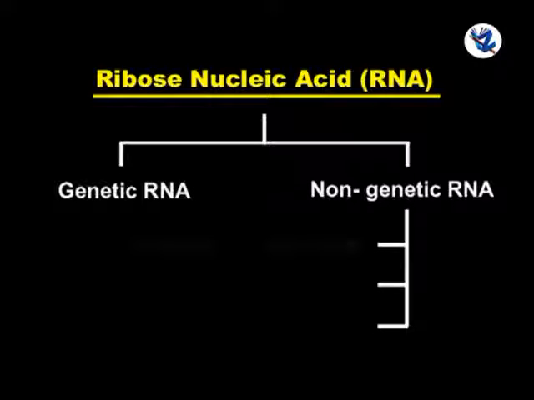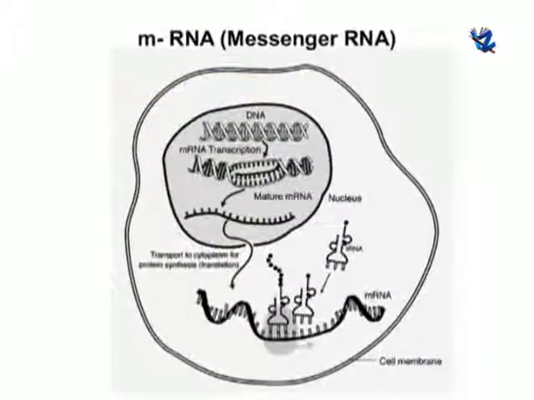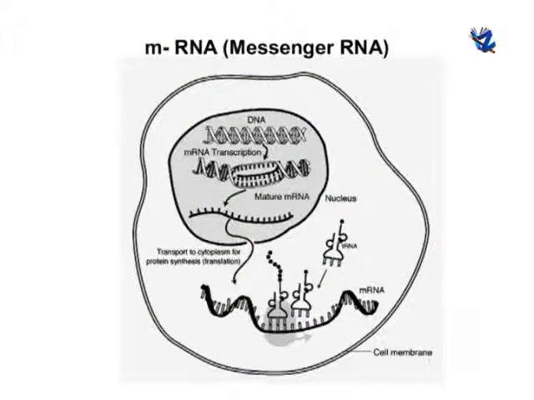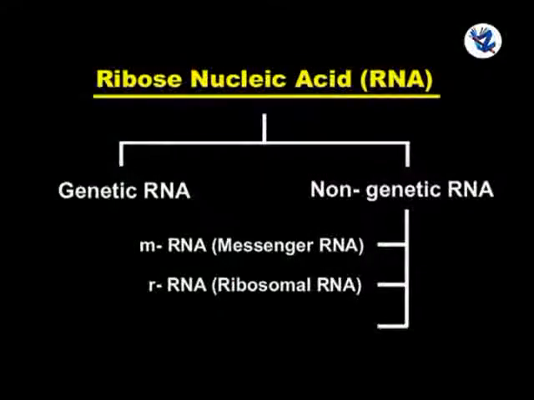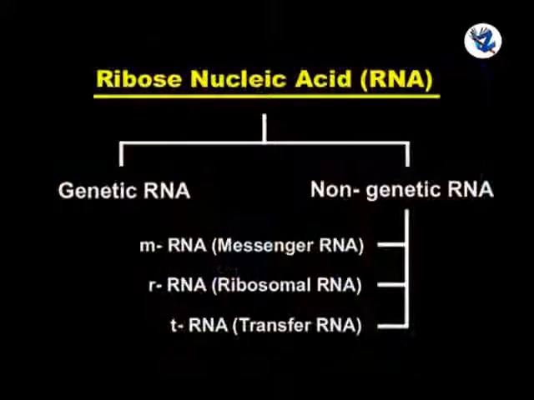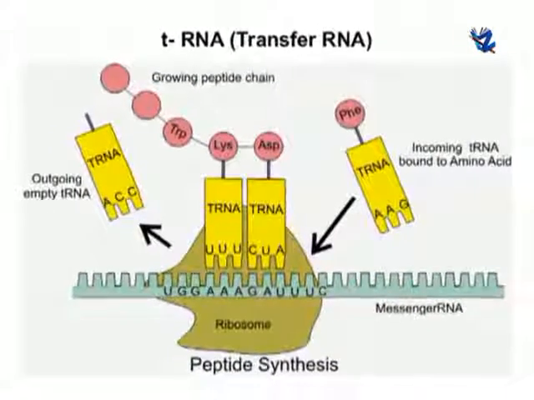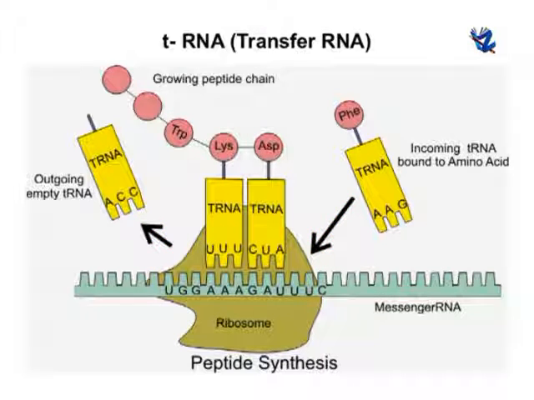Non-genetic has three types: mRNA, that is messenger RNA, which carries the genetic information from nucleus to the site of protein synthesis. Then rRNA, that is ribosomal RNA. It is associated with ribosome. Then tRNA, that is transfer RNA. It carries activated amino acids to ribosomes and helps in elongation of polypeptide chain during the process of translation.